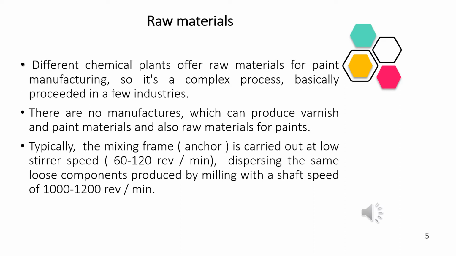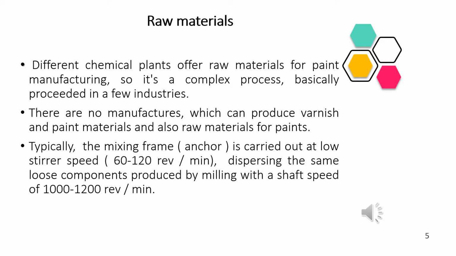There are no manufacturers which can produce the varnish and paint materials and also the raw materials for paints and varnishes. So how can we obtain the raw material for paints?